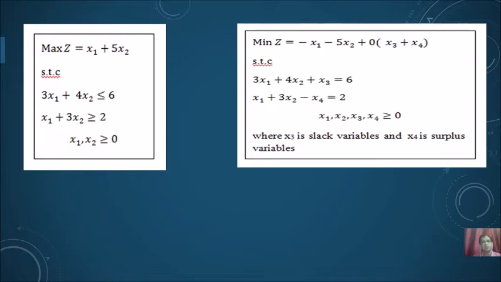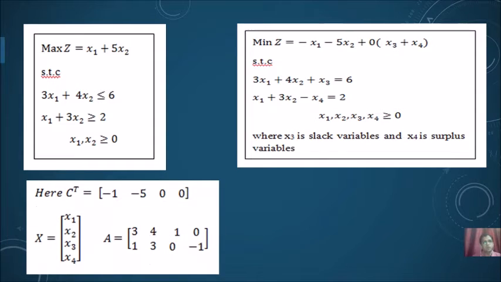The characteristics of the standard form of an LPP are now satisfied, right? So now we'll proceed to the next step. That means we will write down all the values such as the cost coefficient values, the decision variable vector as well as the coefficient matrix. Here you can see that the cost coefficients are minus 1, minus 5, 0 and 0, so that is nothing but your C transpose.